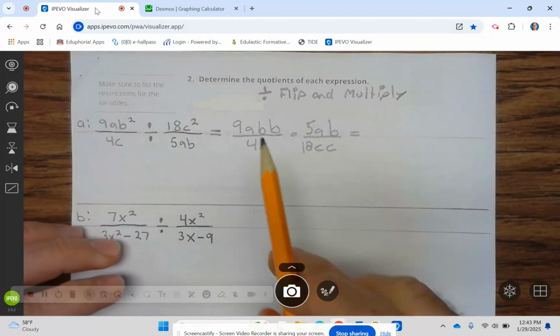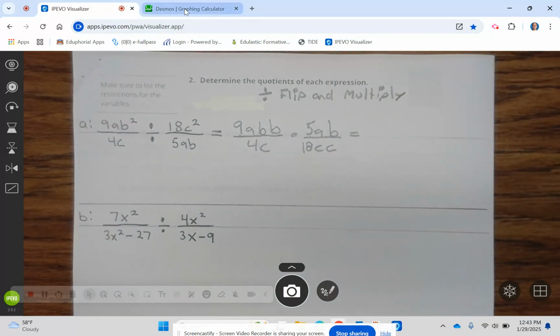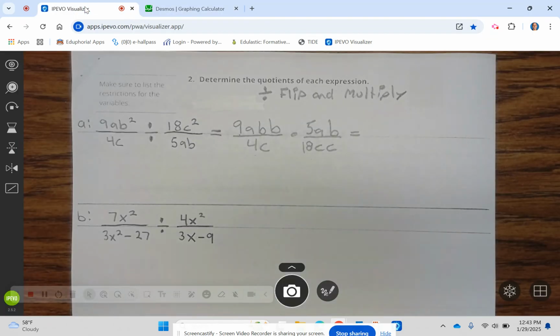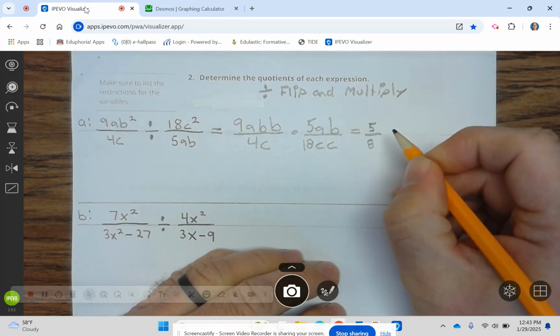Okay, now let's go ahead and find out what 9 times 5 divided by 4 times 18 is. So 9 times 5 divided by 4 times 18, let's go and get the fraction, is 5/8. So this becomes 5 divided by 8.